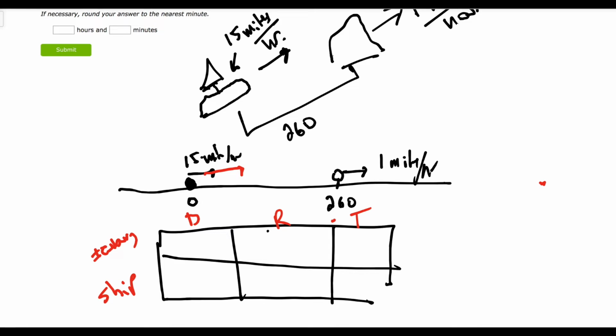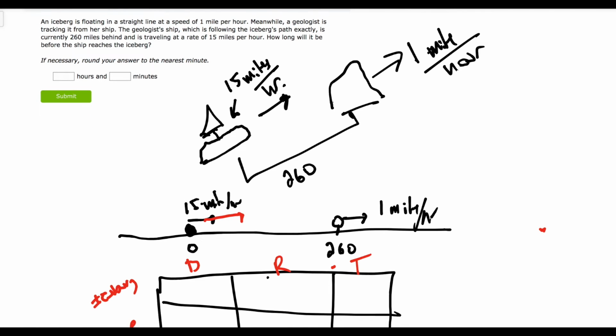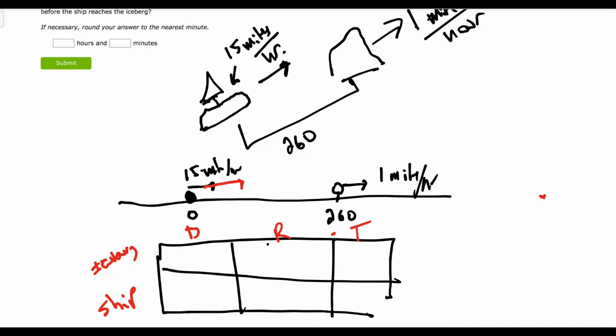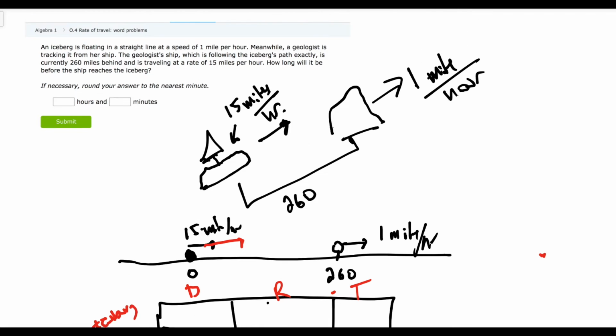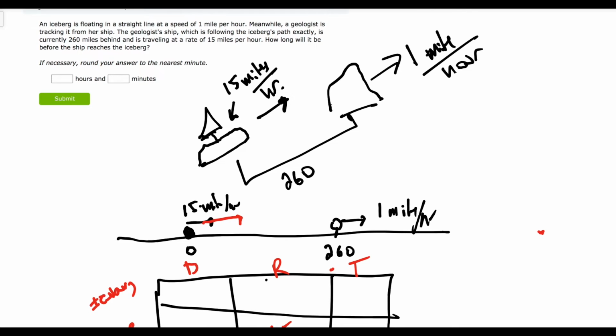What's the ship's rate? Yeah, the ship's rate is 15. And the iceberg's rate? 1 mile per hour. I'm not putting the units in there because everything is miles and hours, nothing is switched to seconds or anything like that. So there are no conversions, and I'm just putting the numbers in.